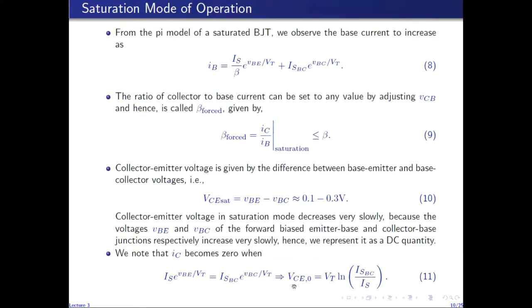We refer to the collector to emitter voltage at which IC goes to 0 as VCE,0, and it is given by this expression, which can be readily obtained by solving this equation and realizing that VCE is actually given by the difference of VBE and VBC.